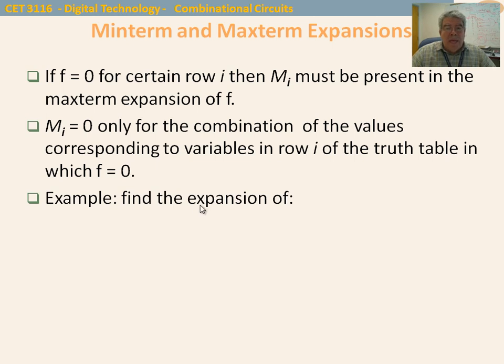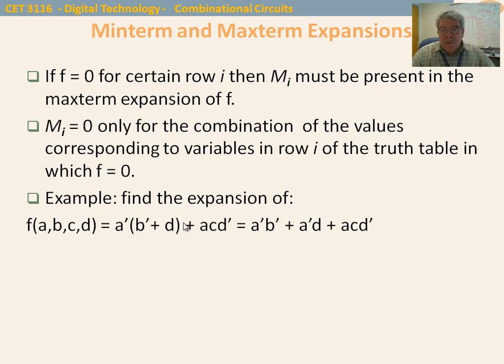So we can expand a given function. Let's suppose that this is a function, and we would like to expand it into a min term form. Because it's a 4-variable function, what happens in either min terms or max terms? All possible terms, min terms or max terms, must have all variables appear in each one of the products or sums.